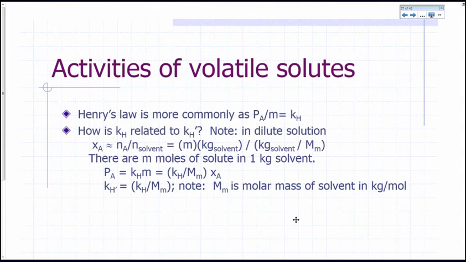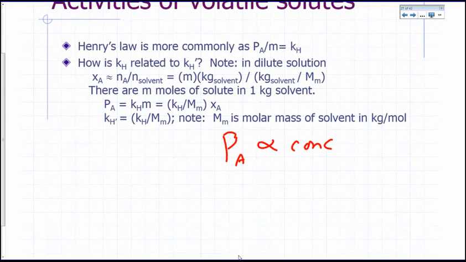Now, the basic idea behind Henry's law is that the vapor pressure of a volatile solute is directly proportional to its concentration. And there are many ways of mathematically expressing this idea. What we wrote so far is one where we use mole fraction as our concentration. That's not the only way of doing it.